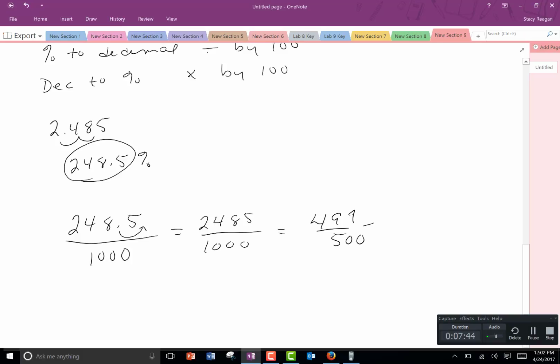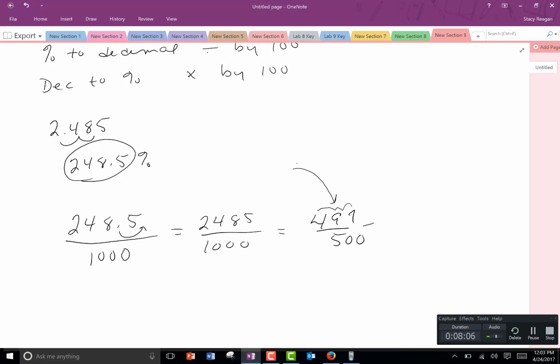Let's see. 2 won't go into 497. But let's see. The way that you tell if 3 will go into something is you add the digits. So 9 and 7 is 16, 16 and 4 is 20. So 3 won't go into it. 5 won't go into it. 10 won't go into it.